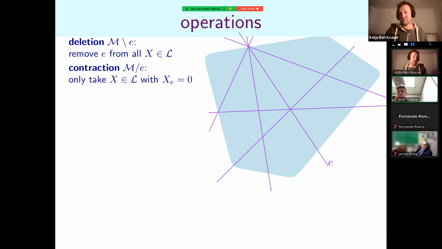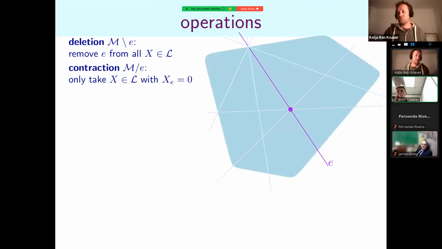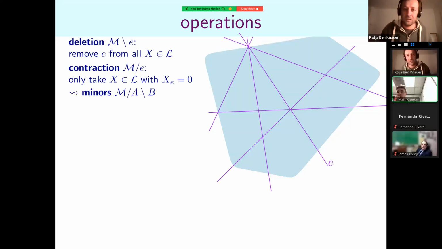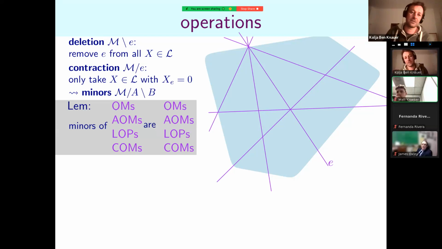You can contract an element, which means you look only at the intersection pattern of this hyperplane, so you lose one rank. And you can define minors. You just get minors of COMs, and these will also be COMs. In particular, all these classes that we have seen so far are closed under minors.